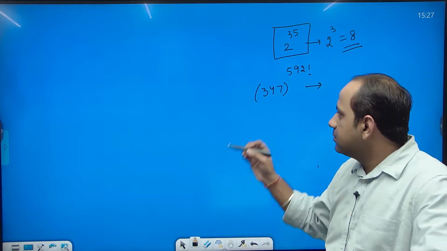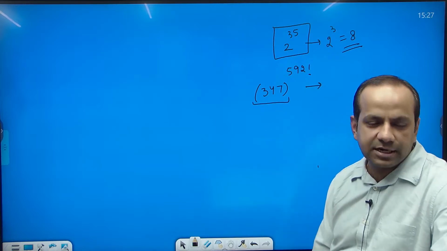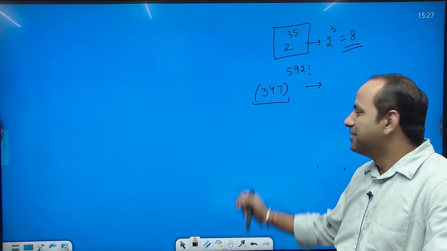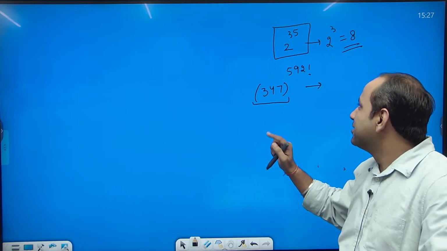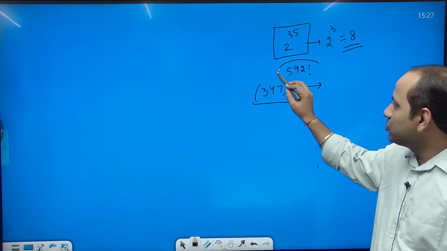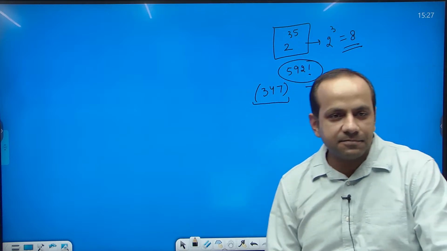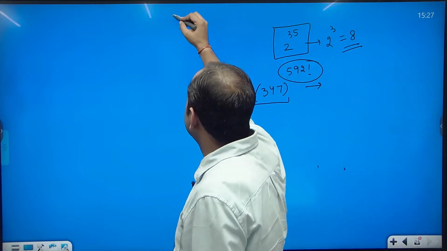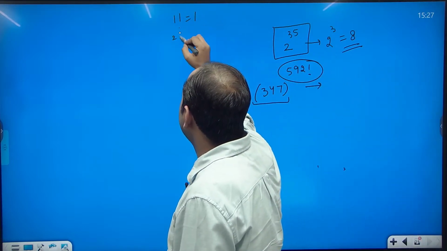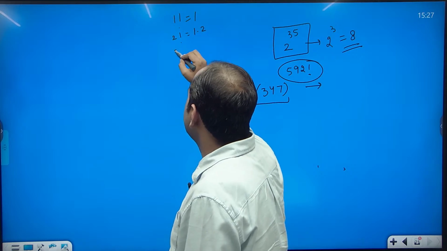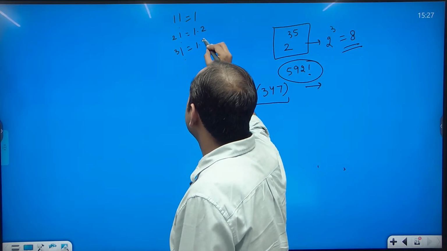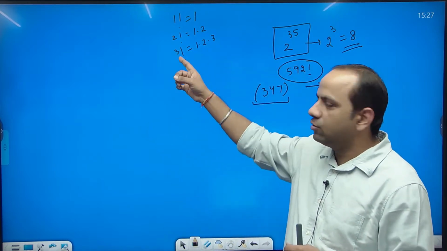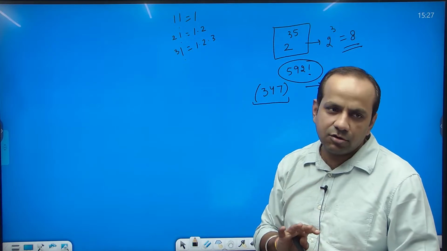See, you have to check the base. It belongs to which category? Third category. And when this belongs to third category, we have to divide power by 4. And one more thing, very important point, just listen to this. See, 1 factorial is 1, 2 factorial is 2, 3 factorial is 6. So one thing I am very sure that 3 factorial is divisible by 3. Yes or no?